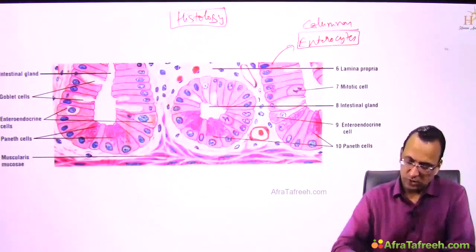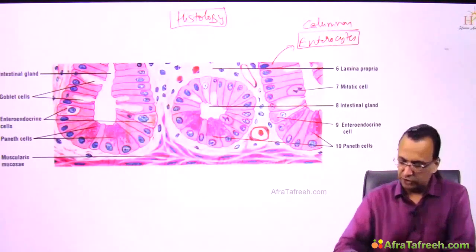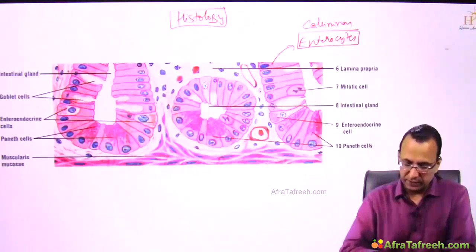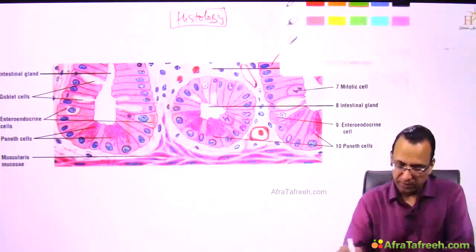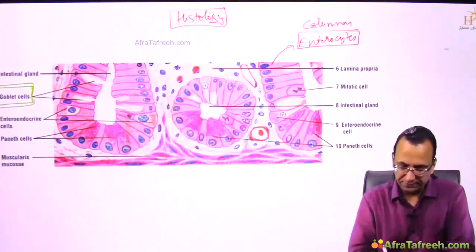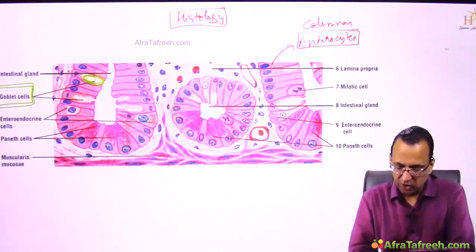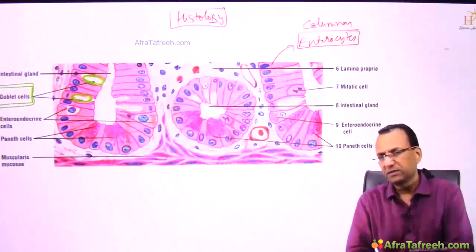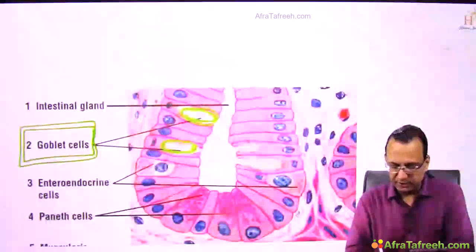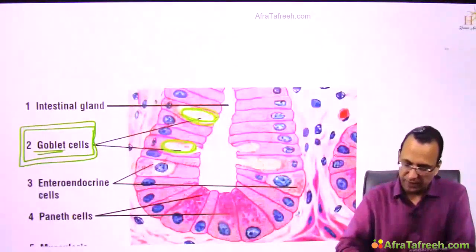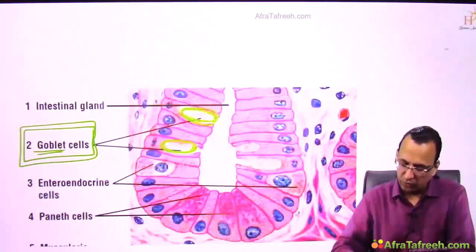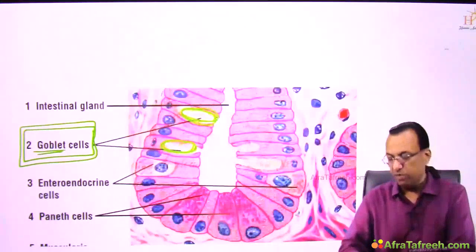And what is the other cell? Other cell, we have this foamy appearance. What is this foamy appearance? Goblet cell. Here is the goblet cell. Let me magnify it. As you see, this is the goblet cell. It has foamy appearance. But why is it having foamy appearance? Because of the mucus.